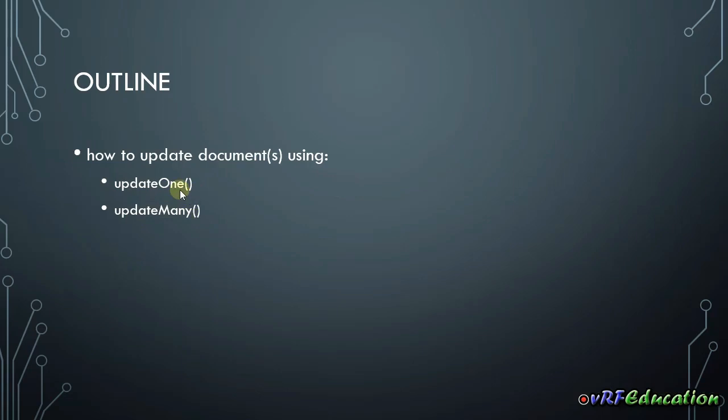Again, as the name implies, we use updateOne to find the first occurrence of a document based on some criteria and update it using the provided values. And using updateMany, we can update a couple of documents, not only one. So this is the main difference between the two methods.